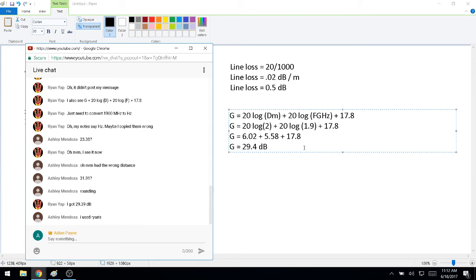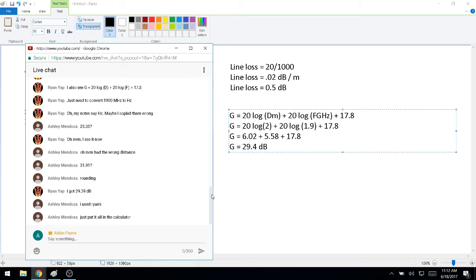Like I said, you should be able to use the original parabolic antenna gain formula. Even though it's a little bit longer, you should be able to use that. But when I was just testing it now, I wasn't getting the right numbers. So I have to go back and verify why I was getting a different number on that.